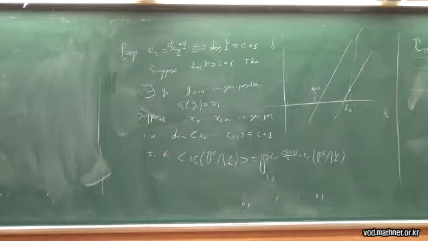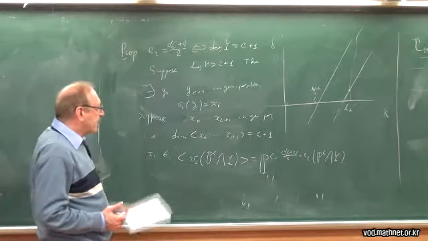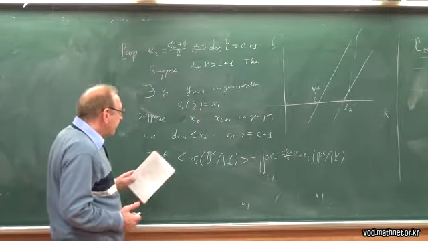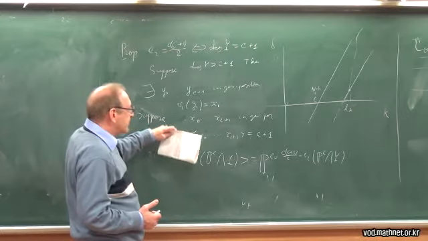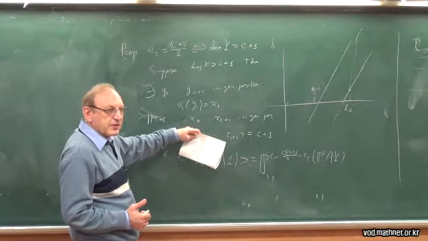And now we arrive at the following situation, that if the degree were not minimal, then this is impossible. It's impossible that these points are in general position.